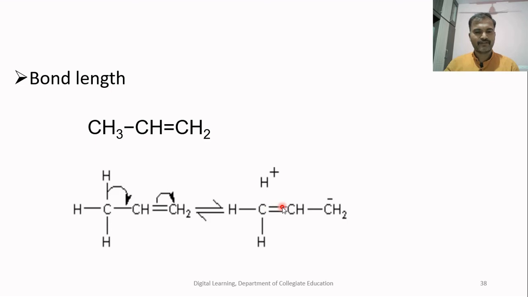As a result, the carbon-carbon single bond length decreases from 154 picometer to 149 picometer. This is how we can explain the bond length of the carbon-carbon single bond in propene by considering hyperconjugation.